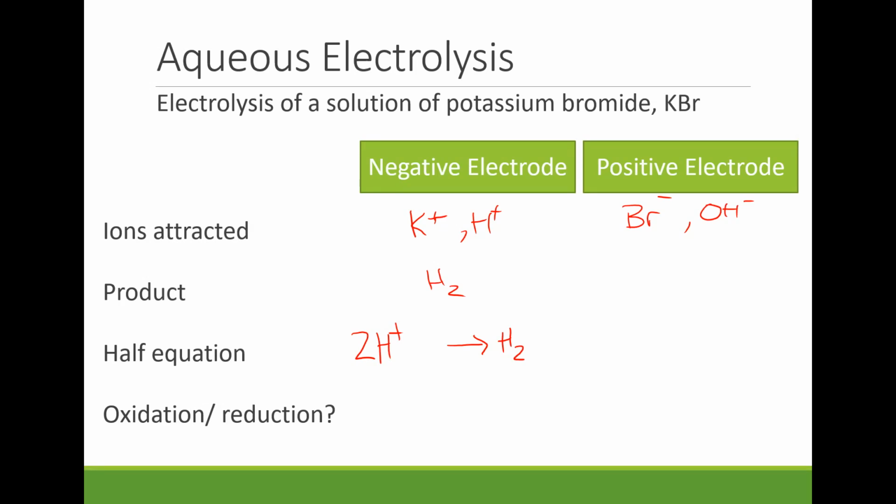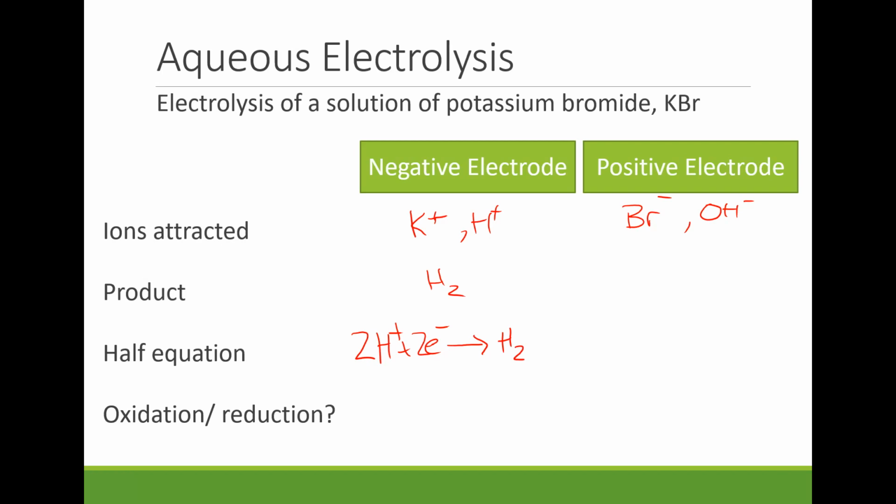And each of those hydrogen ions, the two H pluses, is going to need to gain 2 electrons. There's our half equation: 2H plus, 2 electrons, going to form hydrogen gas.